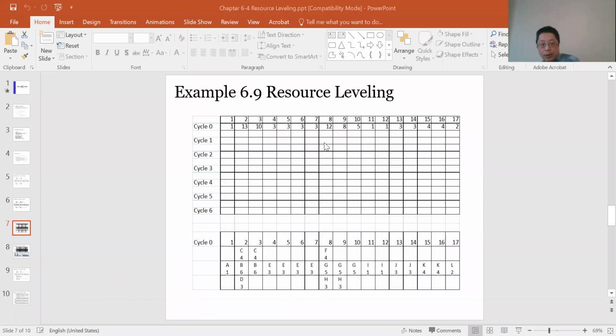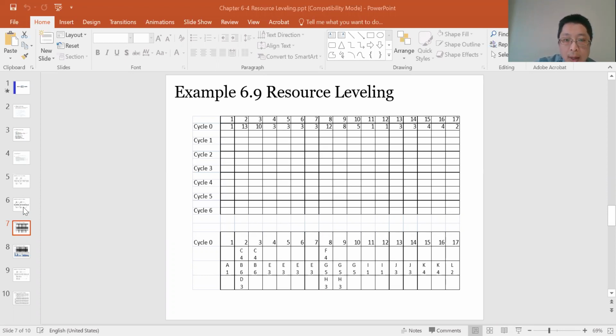Now we're going to conduct our analysis, the resource leveling analysis, using the improvement factor method. Let's see how to do this. First of all, we need to identify which activity we're going to shift. This is based upon the last page.